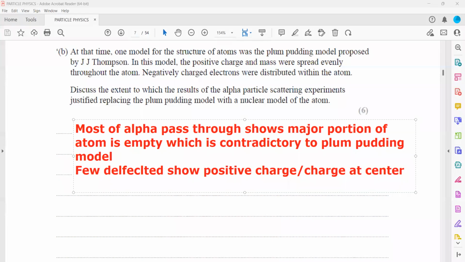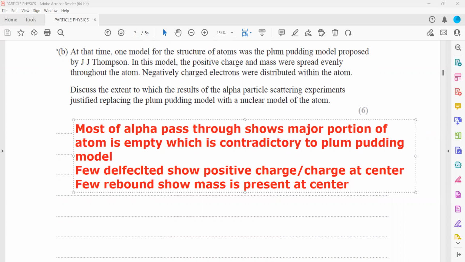And a few of them bounce back, or very few rebound, which shows the mass is present at the center. So how will you score 3 marks? Actually, out of six, 3 marks are for the observations and 3 marks for the conclusion.